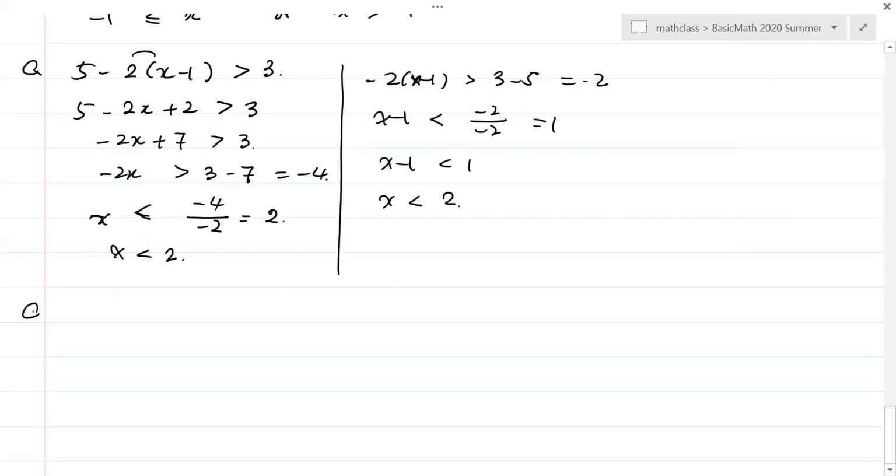Okay. So our next problem is going to be 2(1 minus 2x) greater than 3 plus 2x.